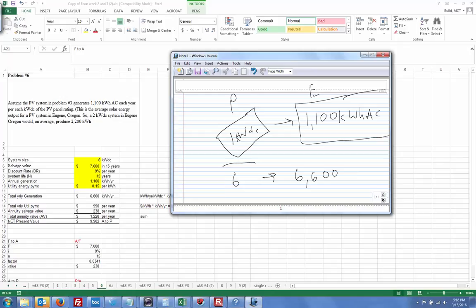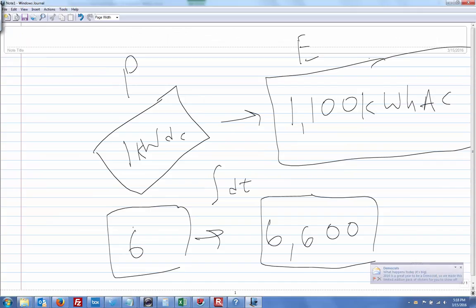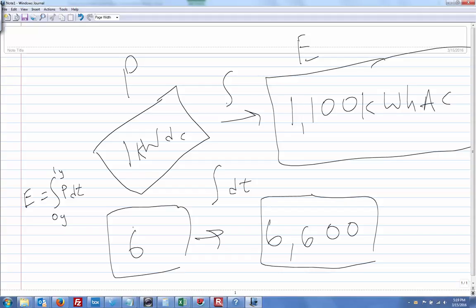It's a little confusing going from a power to an energy, but really what's happening is you're in fact integrating over time. I know we've covered this before, but energy equals the integral of power as a function of time, from 0 years to 1 year. So that's exactly what we're doing when we integrate.